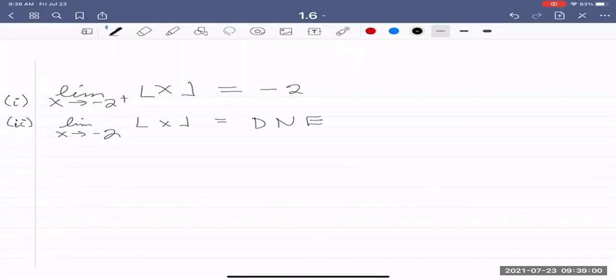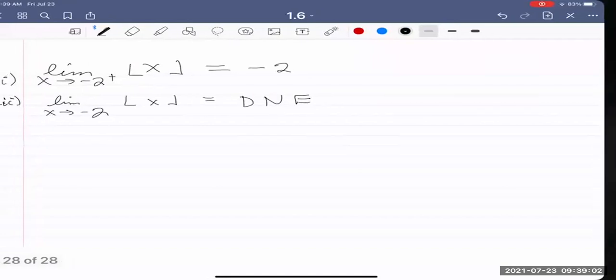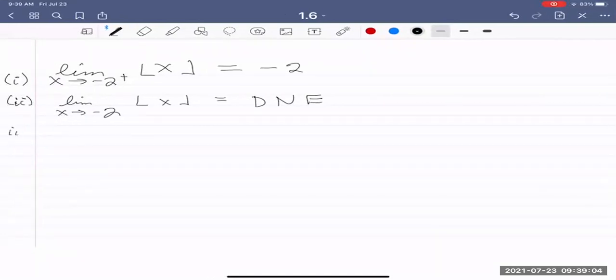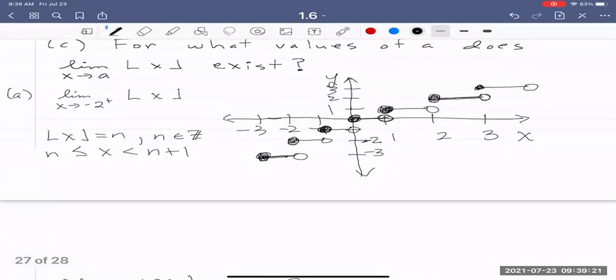Let me do part 3. Find the limit as x approaches -2.4 of the floor. Okay, so let's look back up here. So we want to approach negative 2.4.